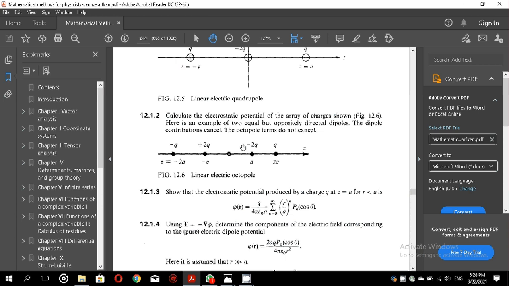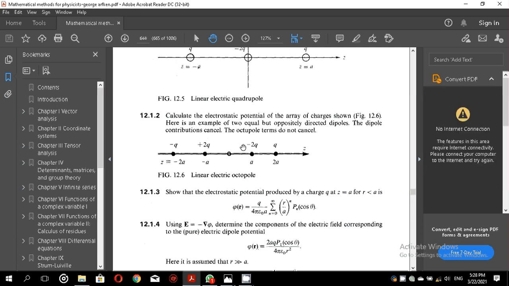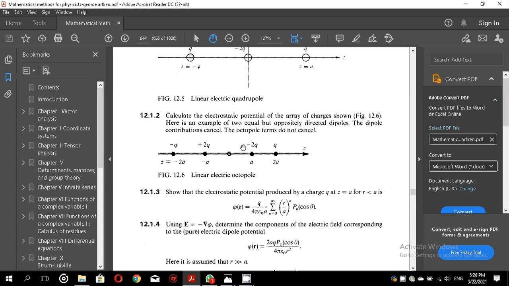If you were asked to calculate the potential due to the combination shown here in figure 12.6 using the conventional procedure of electrodynamics, it would have been very difficult. So you see the utility of the generating function of a Legendre polynomial and the applications of Legendre polynomials playing their role in solving a physical problem. Okay, so that is the electrostatic potential due to an electric octopole.